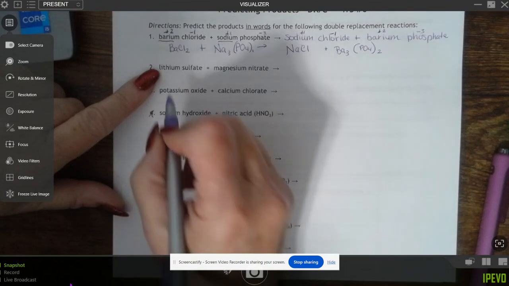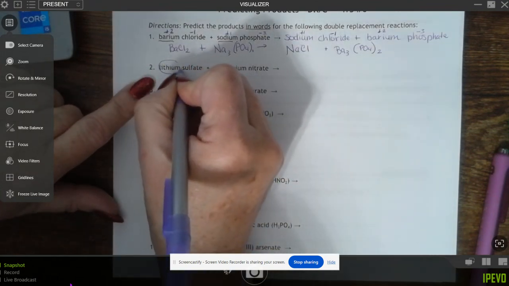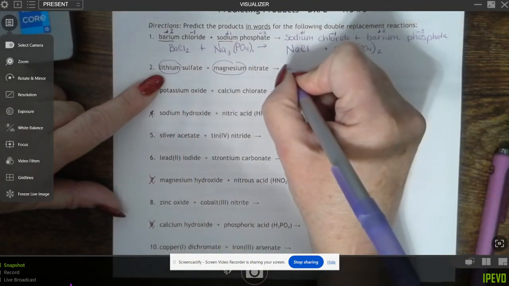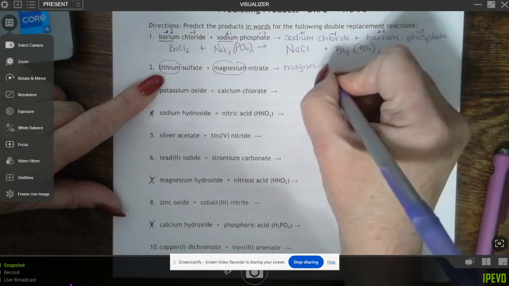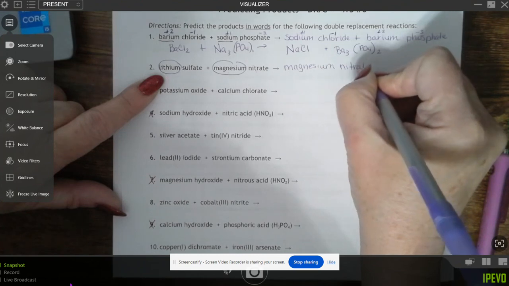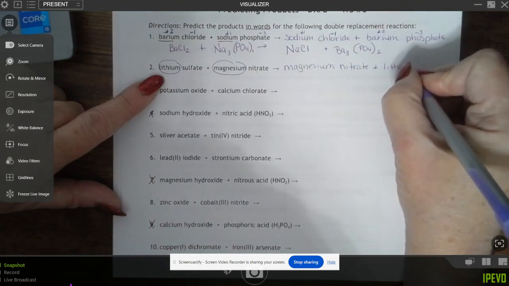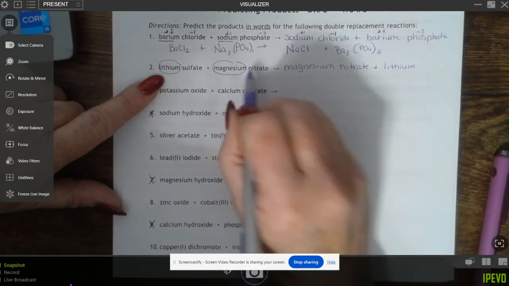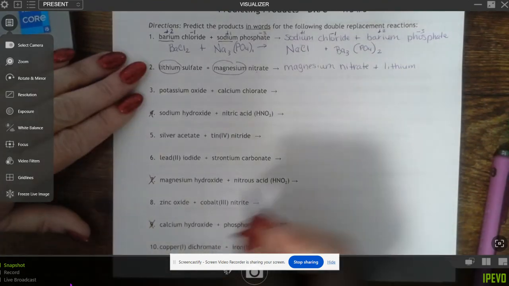Okay, so number 2, lithium sulfate plus magnesium nitrate. So we're going to switch lithium and magnesium. Okay, so I'm going to have magnesium nitrate plus lithium. What did I just do? Oh, shoot. Did you see that?